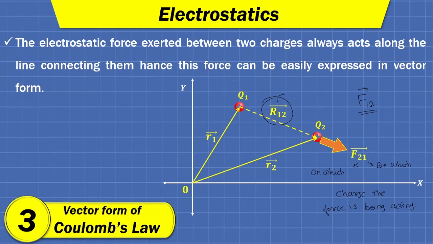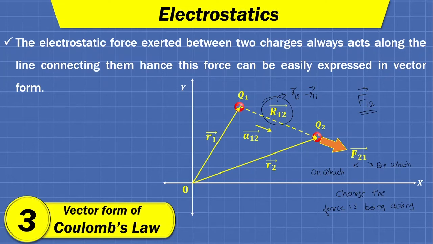So this r12 is nothing but a distance vector which is defined as r2 minus r1. Please refer to previous videos for a better understanding of the distance vector. And this is the direction of force, which is nothing but the unit vector in the direction of the distance vector.